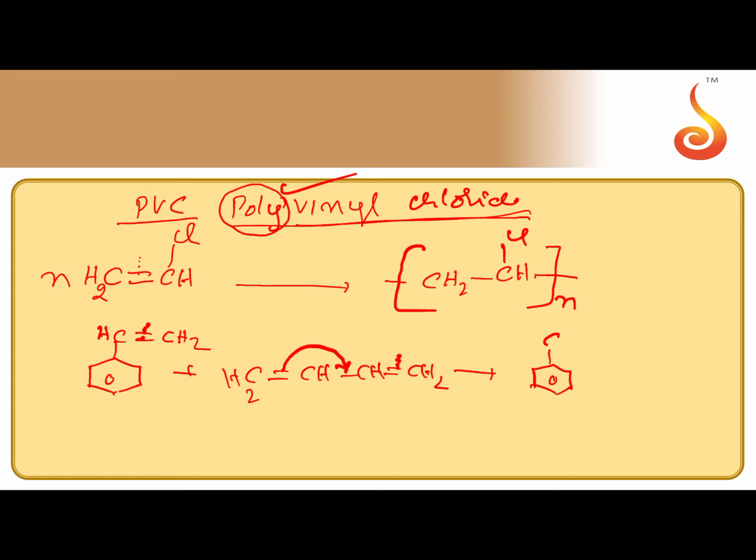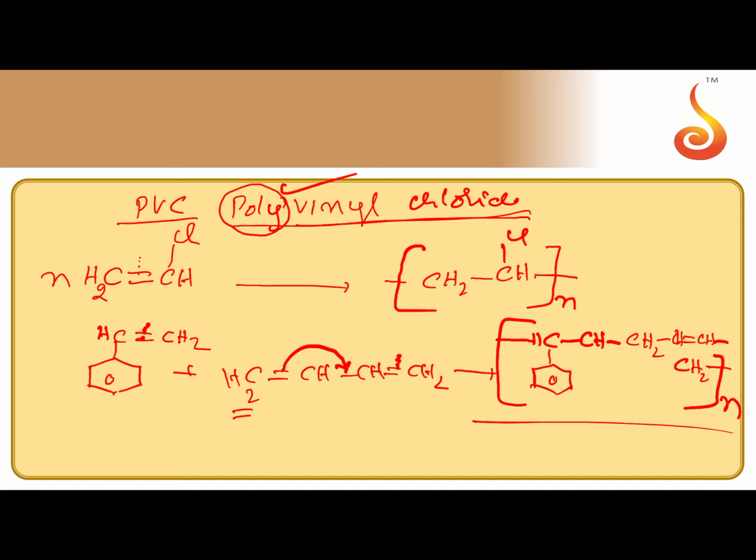Then you observe how to write the repeating unit. CH, looking for the single bond, then attach the first carbon of the 1,3-butadiene CH2, shifting of the double bond taking place, double bond CH dash CH2 dash. So this is the repeating unit for copolymers. These two are addition polymers.